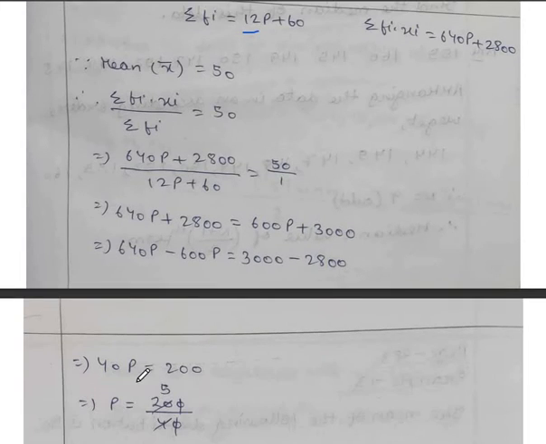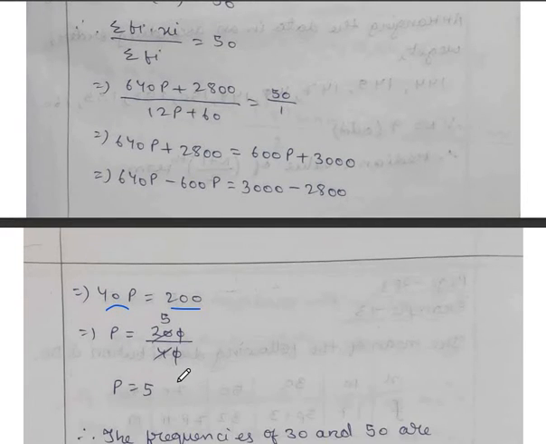After subtraction you get 40p on this side and 200 on the other, then p is equal to 200 by 40. After cancellation, the value of p comes out to be 5. So the first answer is over, p is equal to 5.